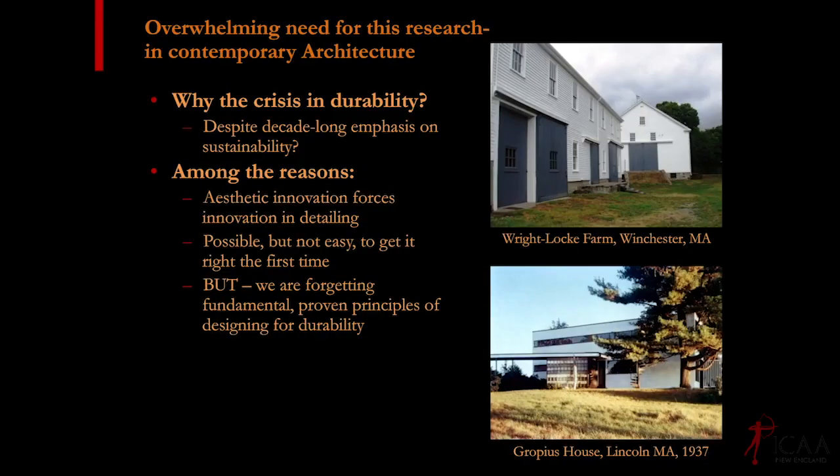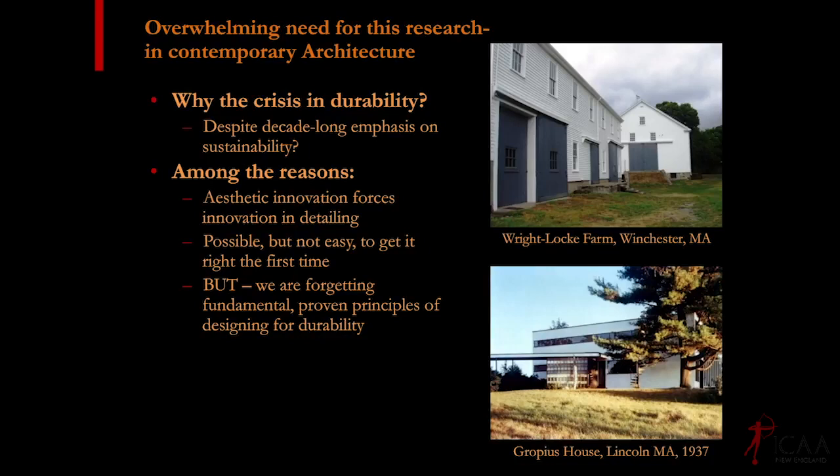So how was it that farmers were getting this right and building durable buildings all around New England? This is a farm in my town of Winchester. And then you have very talented architects who come in, are aesthetically inspired by this and do their own thing, and have massive problems with durability from day one. So it's counterintuitive, but I think there are a few reasons.